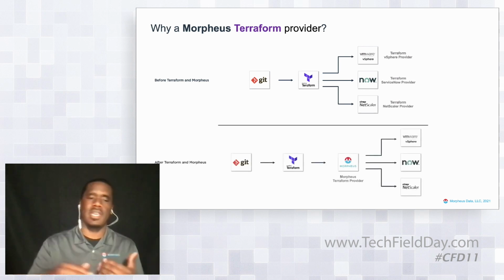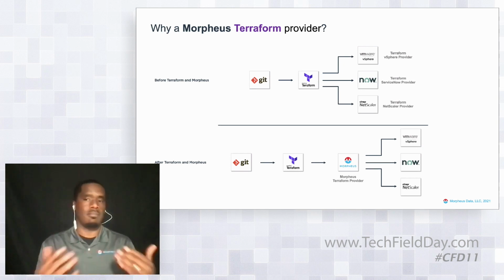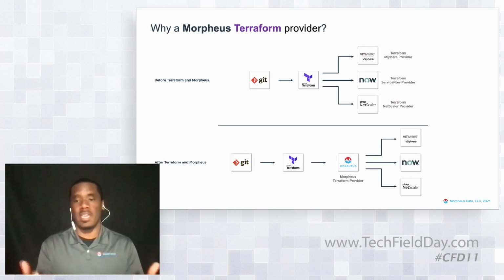And so when we look at Terraform and Morpheus, instead of Terraform calling all these various different API endpoints, we essentially have Morpheus leveraged as a private cloud API endpoint. So think of a lot of what you would do with an Amazon or an Azure, that you would point that as a single cloud endpoint, and leverage that provider to stand up all the various resources.